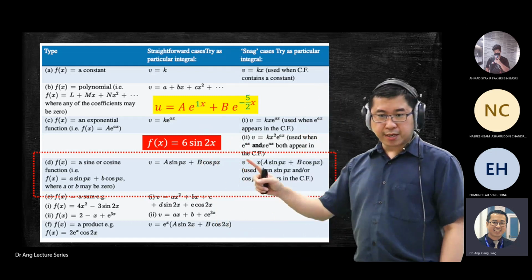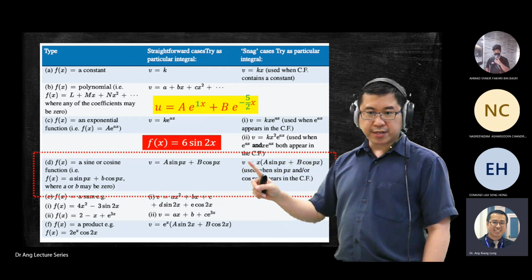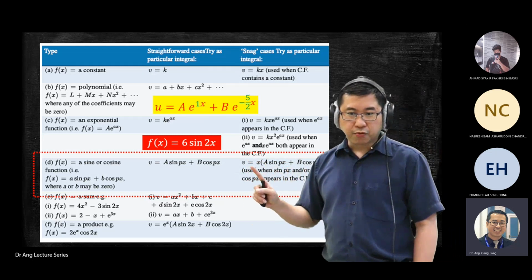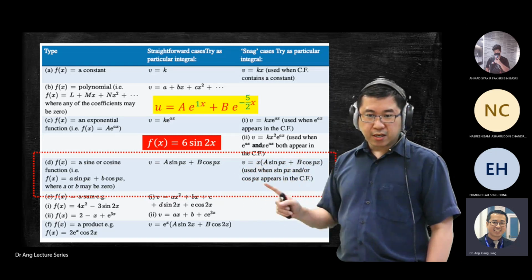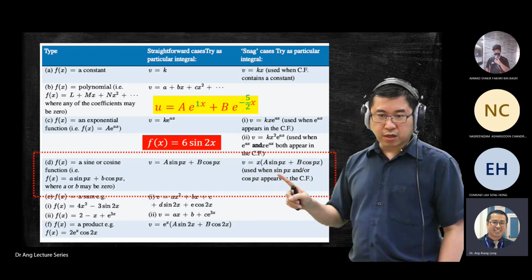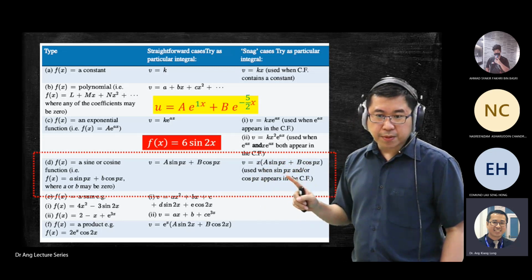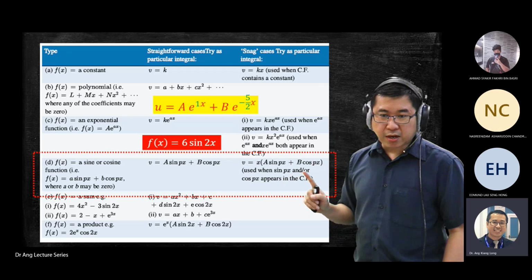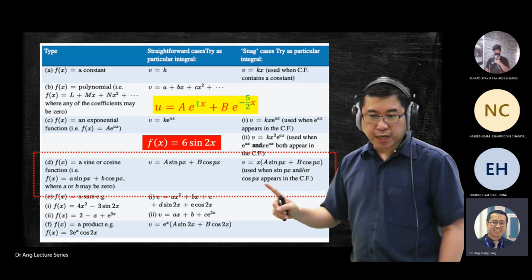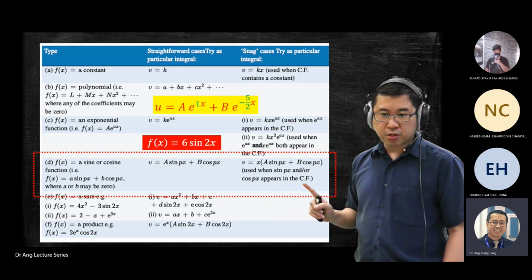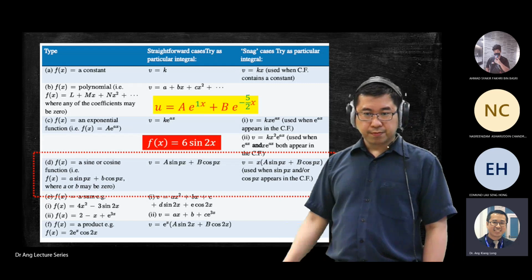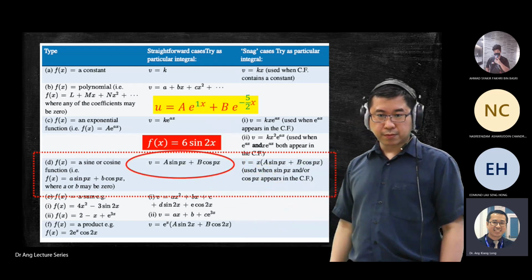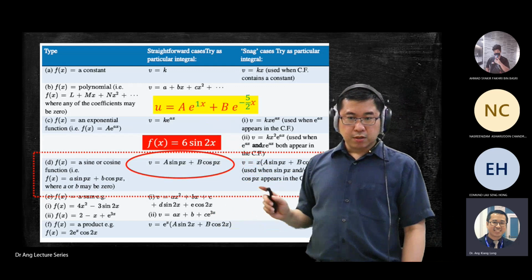You read something on the right hand side, this one. V equal to this one. Use this equation when sine px and or cos px appear in CF. What is CF?